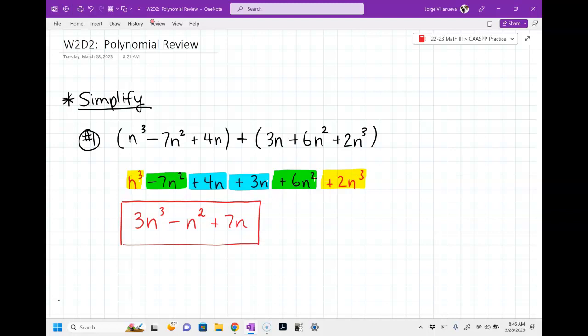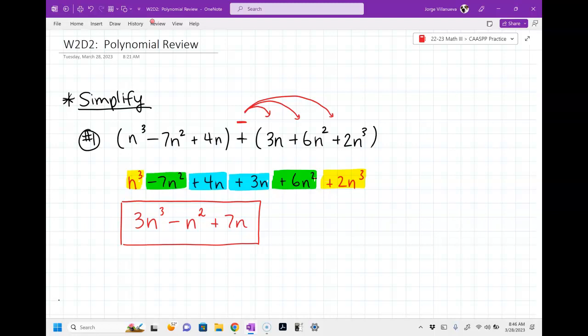If this original problem had a minus right here, when you distribute that negative in, it would change every sign. So it would be a negative 3n minus 6n squared minus 2n cubed. In your homework, they're doing two problems.